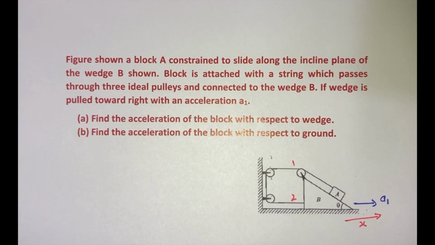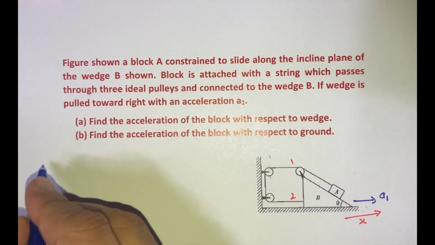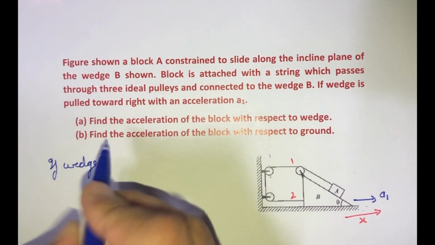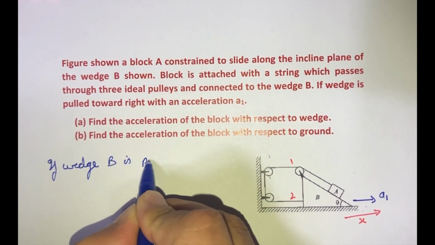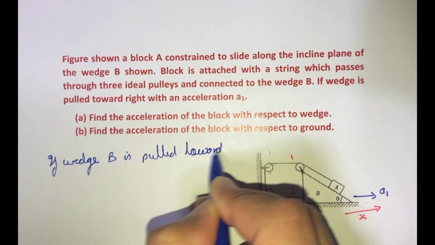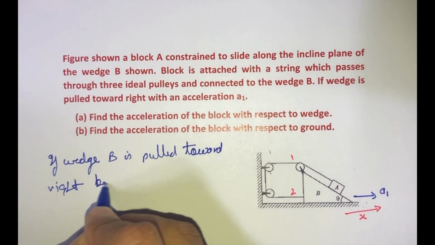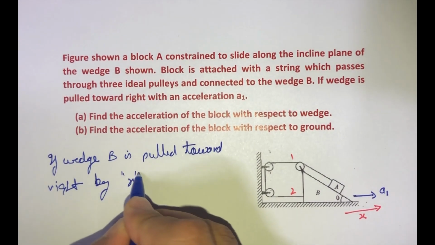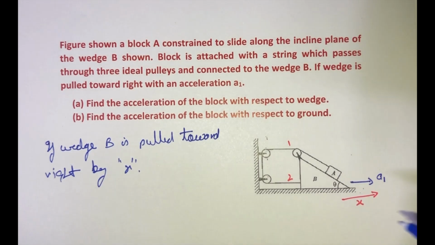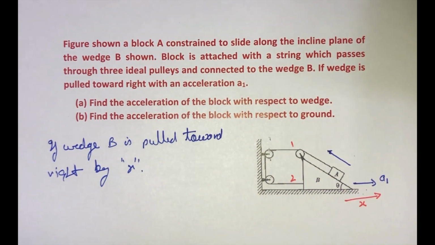So if wedge B is pulled toward the right by x, it's quite obvious that block A will move in the upward direction this way.